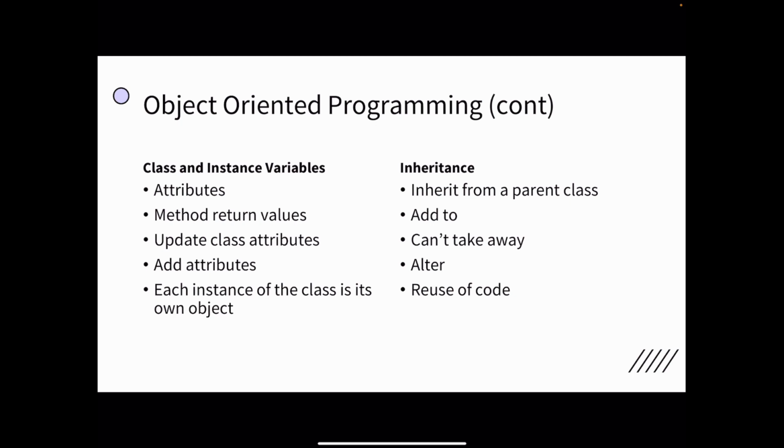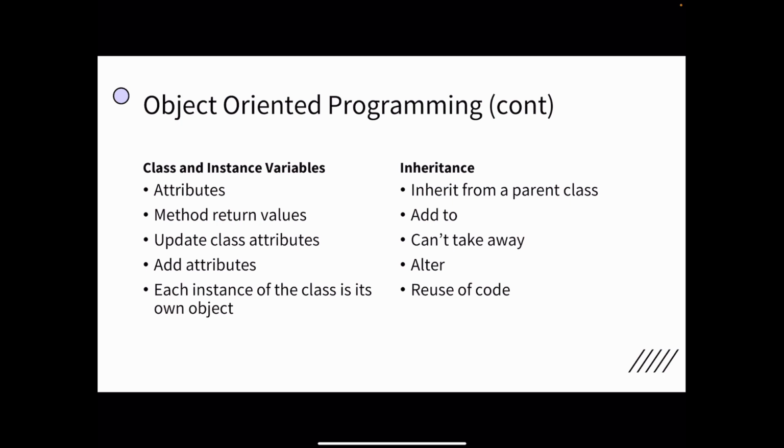The methods, you kind of need return values on those because they follow the same rules as functions. So anything done within that method, those variables are not accessible outside of that method unless you use the return statement. You can update class attributes, you can add more class attributes, and each instance of the class is its own object.